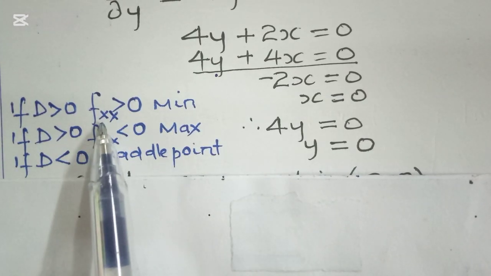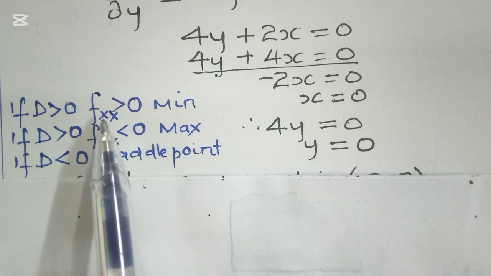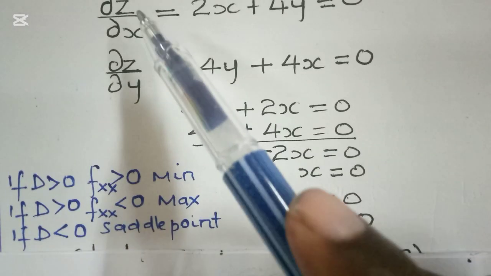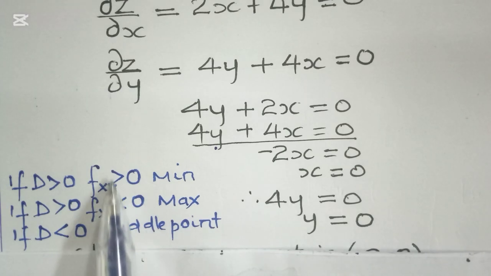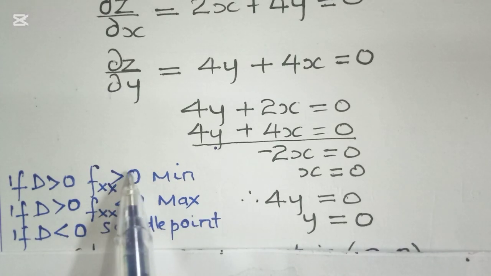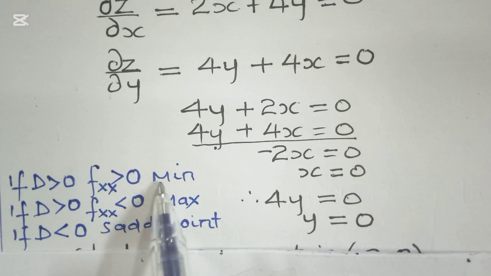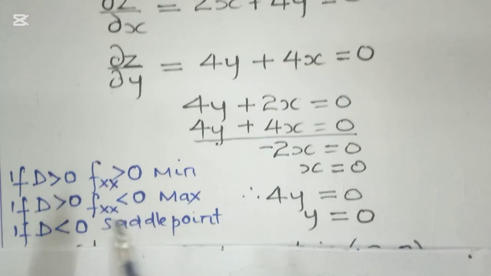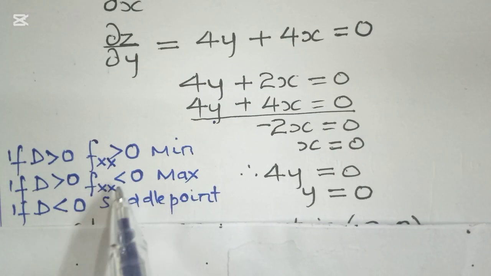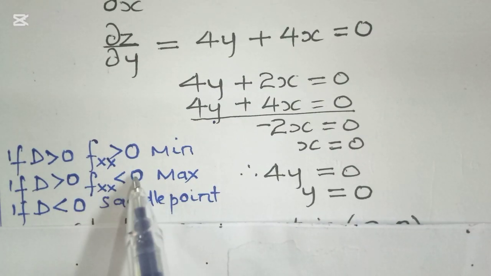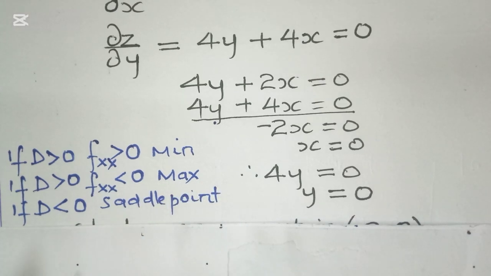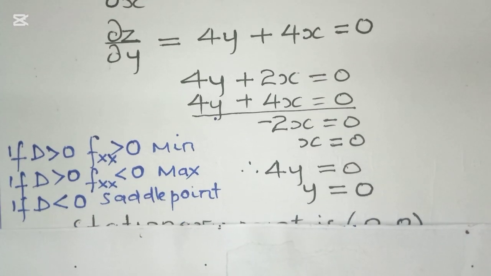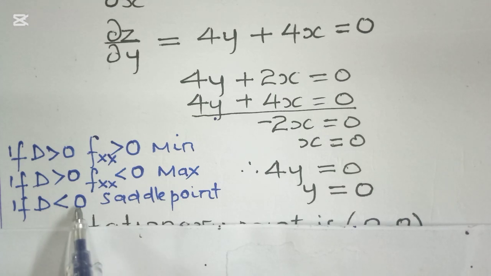We have differentiated once, and now we need to differentiate again. When we differentiate again and our value is greater than 0, that is a minimum point. If our value is less than 0, then we have a maximum point. And when the determinant is less than 0, we call that a saddle point.